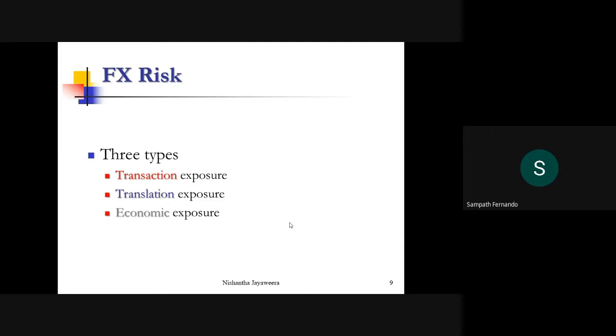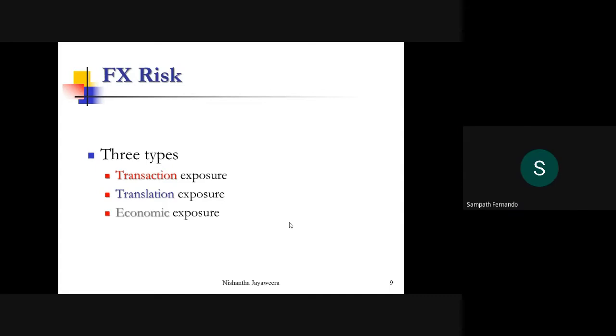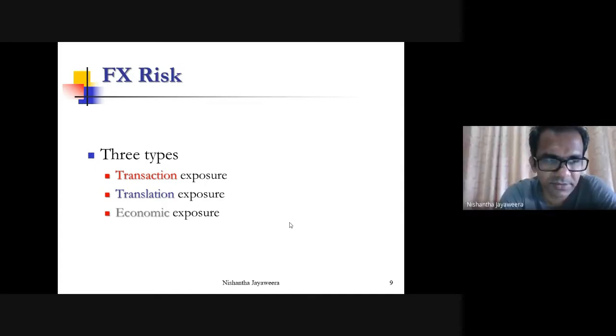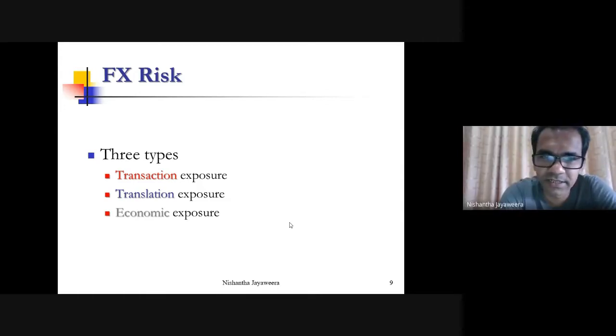So two currencies, one against another. That's true. That will give you a transaction exposure. Okay, good. Any other answers? Any agreements or disagreements with that answer?